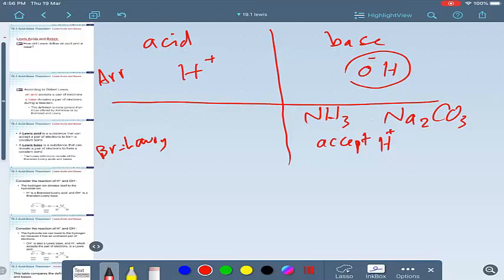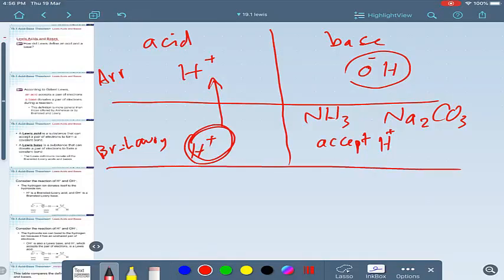But the acid is the substance that produces, or we can say donates, hydrogen ion. Almost the same meaning as Arrhenius here, but the difference between the two theories is in the meaning of the base compound. Remember that now we have Lewis acids and bases.